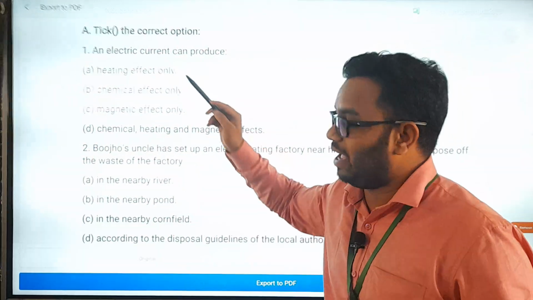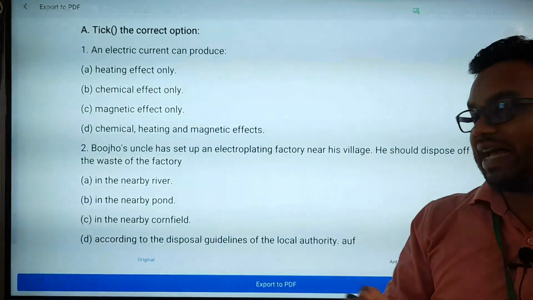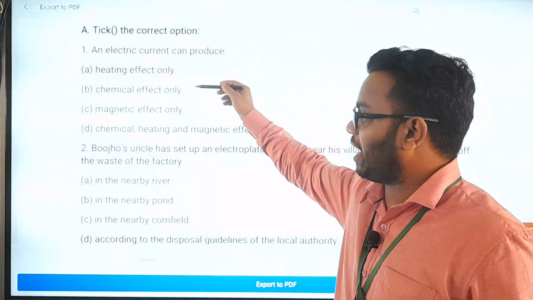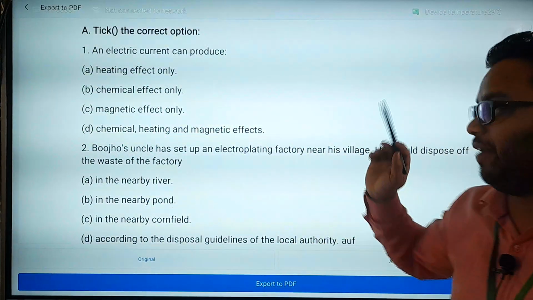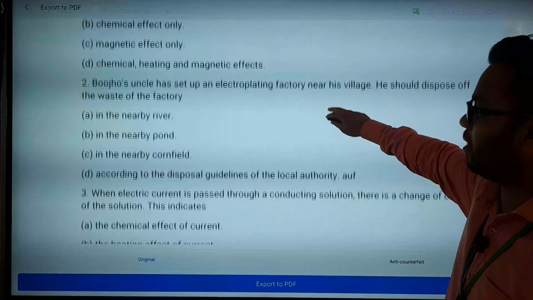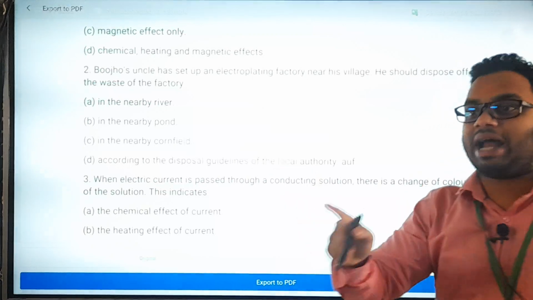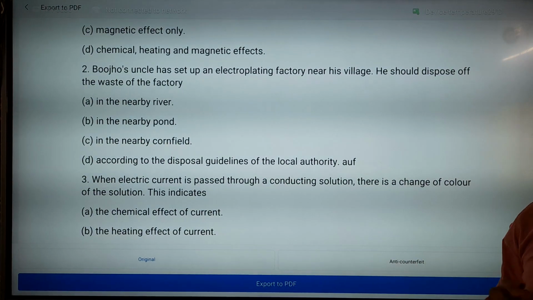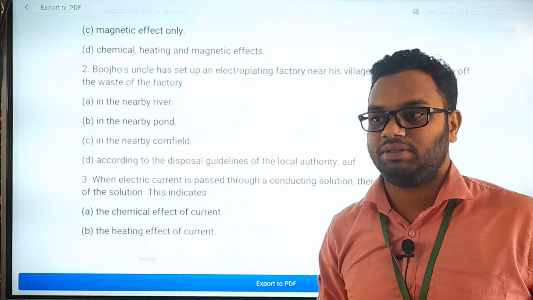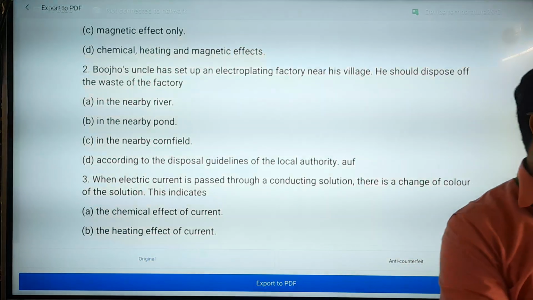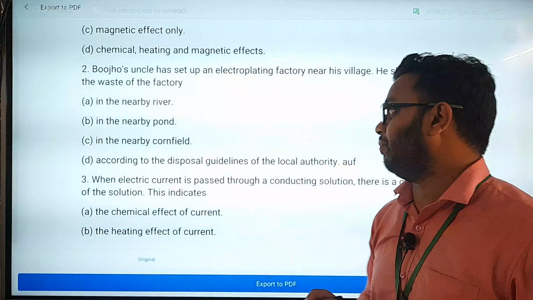Because when we learned that time, I taught you about heating effect, chemical effect and magnetic effect. Number 1, option D. MCQ.